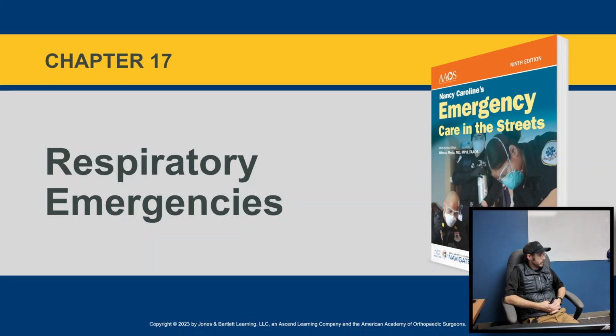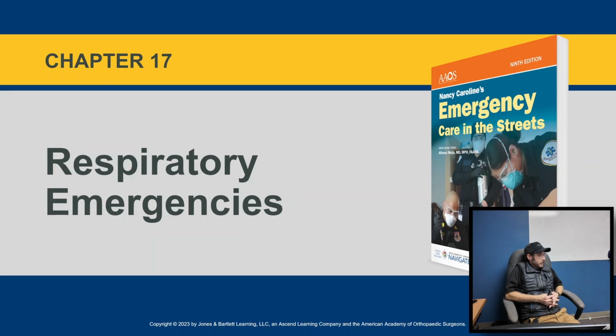What about CHF? So CHF is caused from a failure of what body system? It's caused from a failure of the cardiovascular system. However, where do we see that? What system does that have a significant impact on? Yeah.